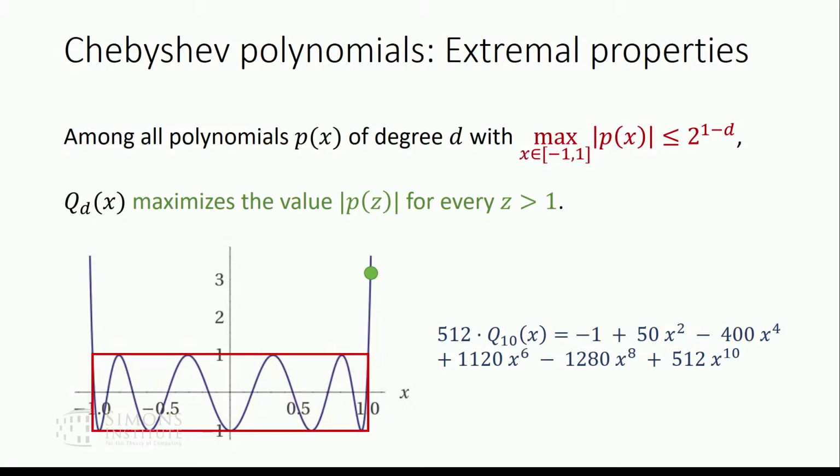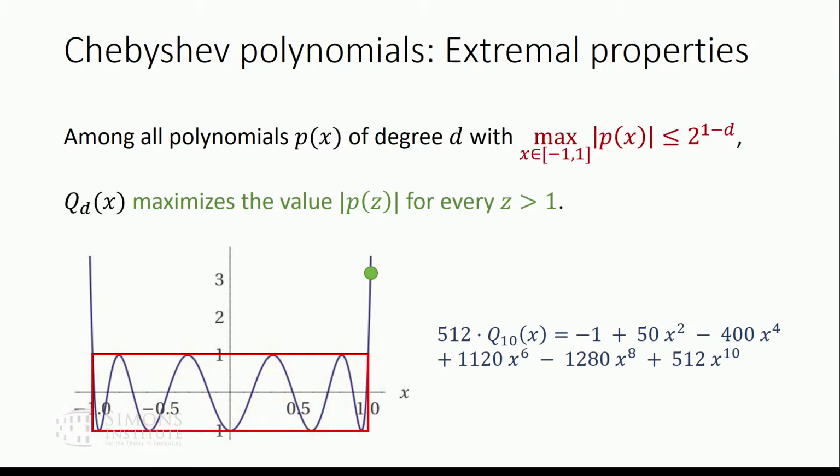Here you can see the polynomial, but I rescaled it by the 2 to the d minus 1 factor. So between -1 and 1, it's bounded between -1 and 1 because of the trig property. But anywhere to the right or to the left of this box, the Chebyshev polynomial is the one that gets the biggest possible value.